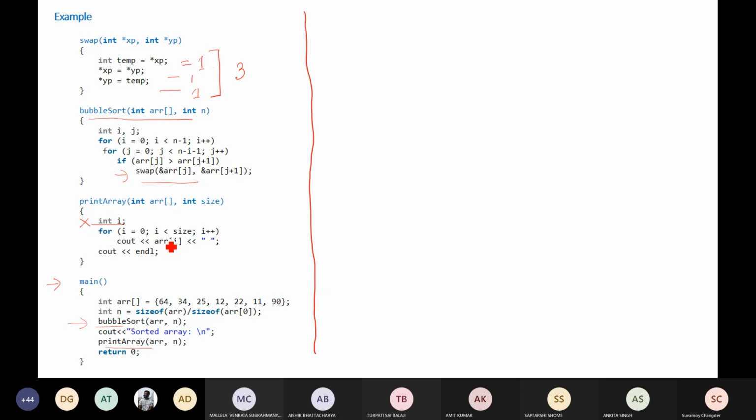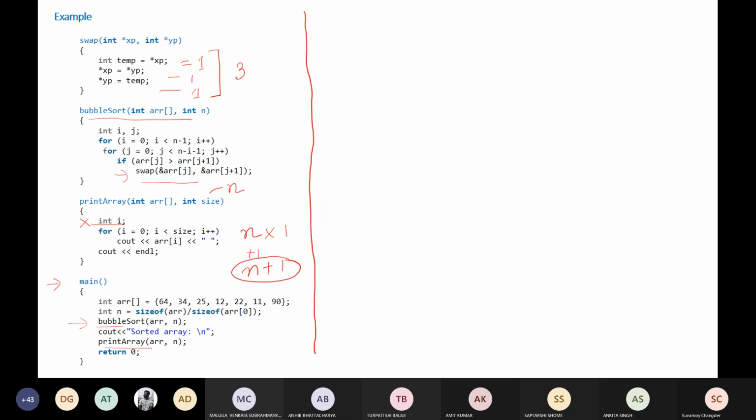Then for I equals to size, if we consider n, it will execute for n times and count. That means we are doing cout array, that is we are printing. So you can consider this as 1. So therefore it is n plus 1 and at the end it is 1. So the time complexity of print array is n plus 1.